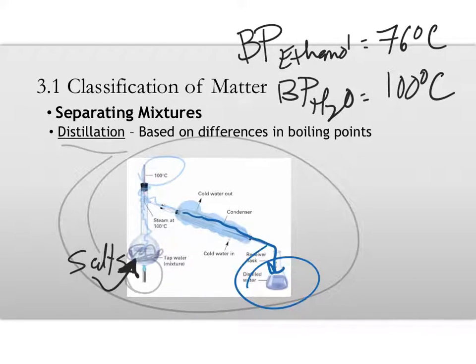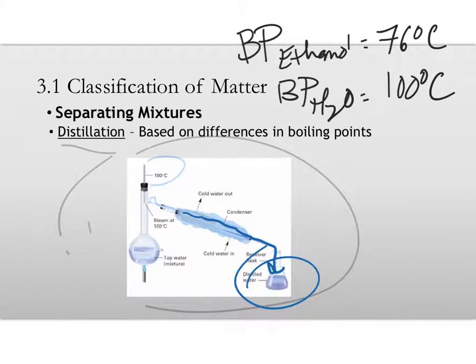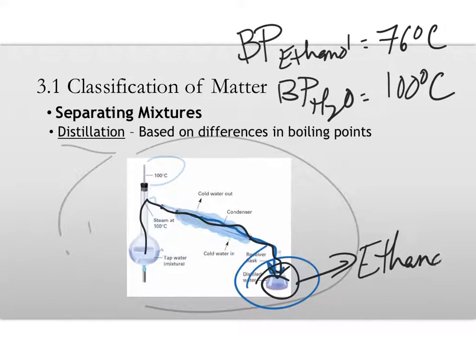So inside the flask, the water part is going to continue to be a liquid. And the ethanol will boil and evaporate, and it will go up through the tube as well, and down into here, and then over there you'd have pure ethanol, and over here on the left in your original flask you'd have water.